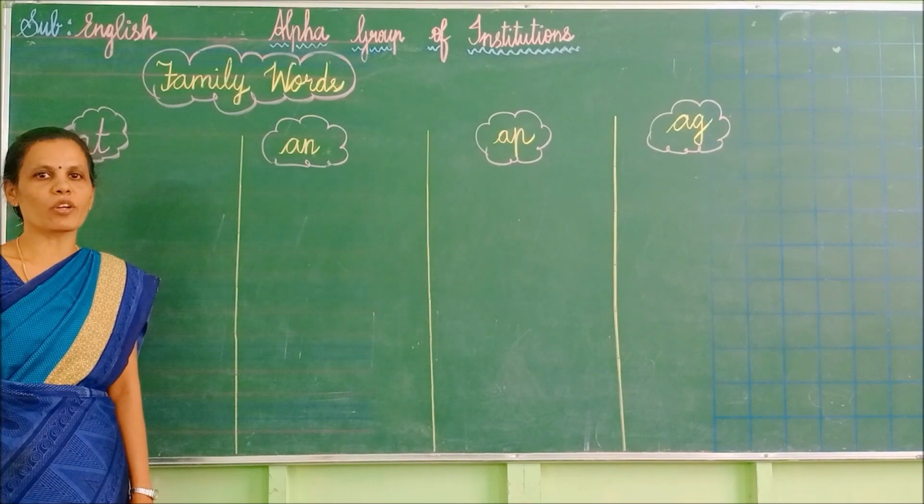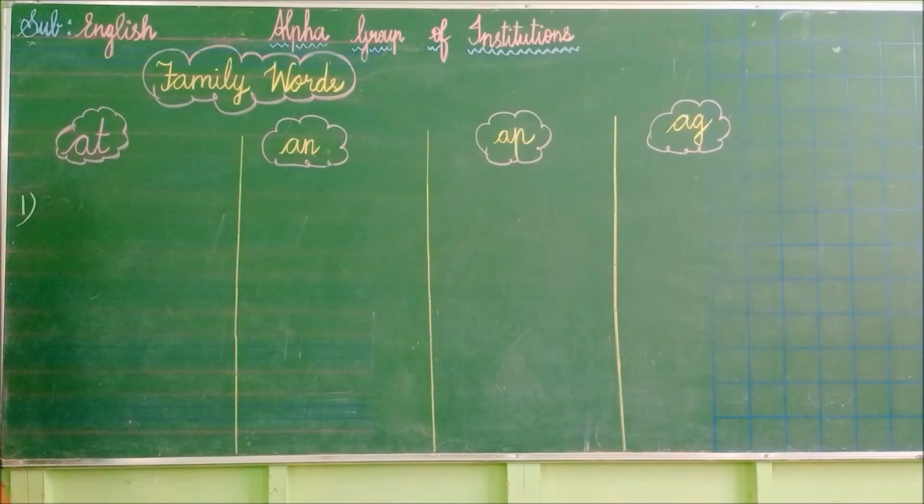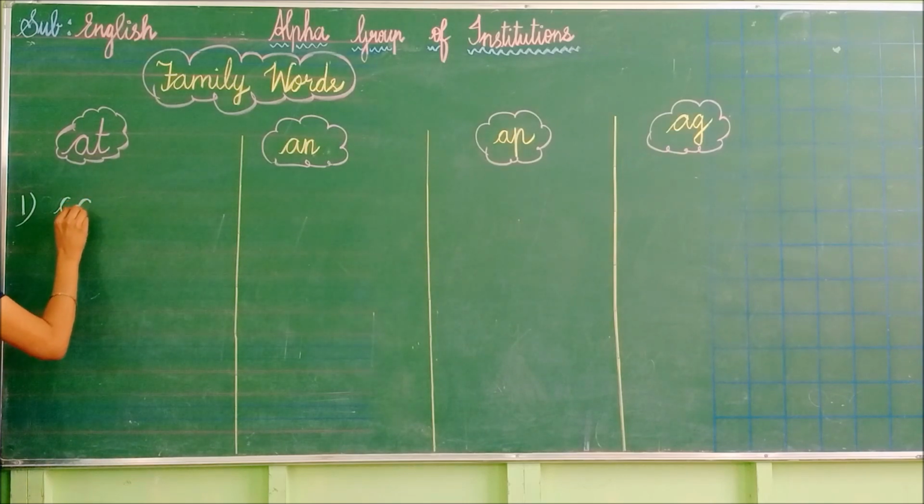Now we are going to make 3-letter words with the help of sounds. Here we have a 2-letter word, a, t, at. Now we are going to make 3-letter words. First, what letter is this? C. C sounds K. K, at, cat.